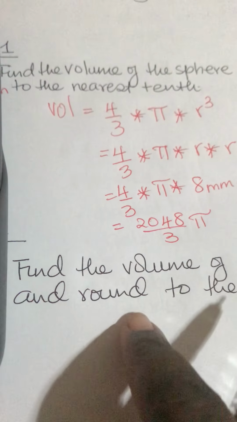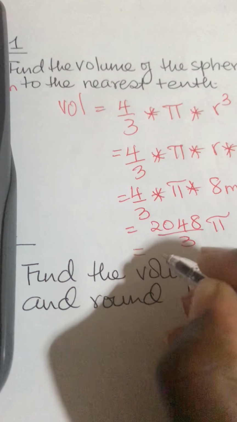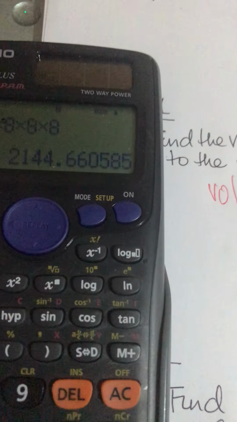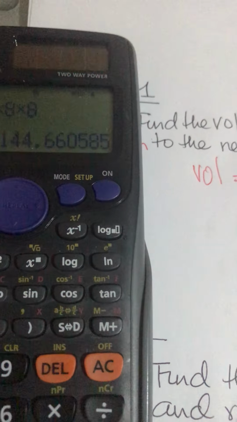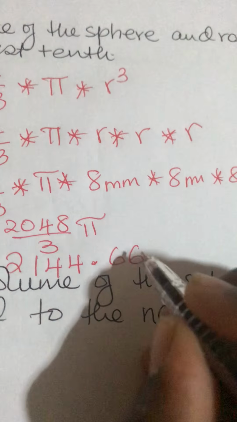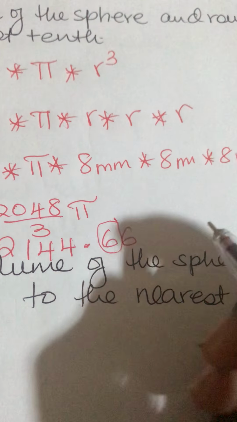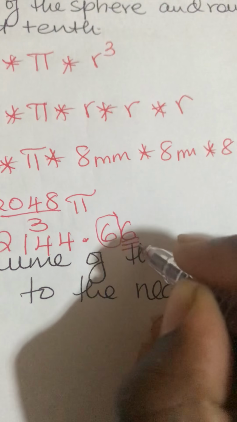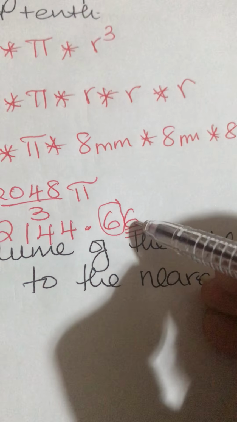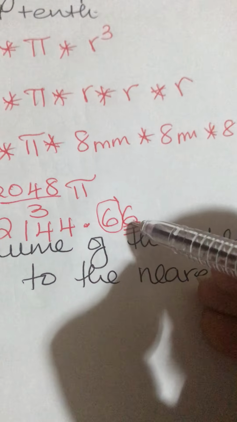You see I don't have space. I'm going to write it here. My decimal is 2144 and 66 hundredths. Then I circle the first 6. I underline the second 6. I will add 1 because this number that I underlined is 5 and more.